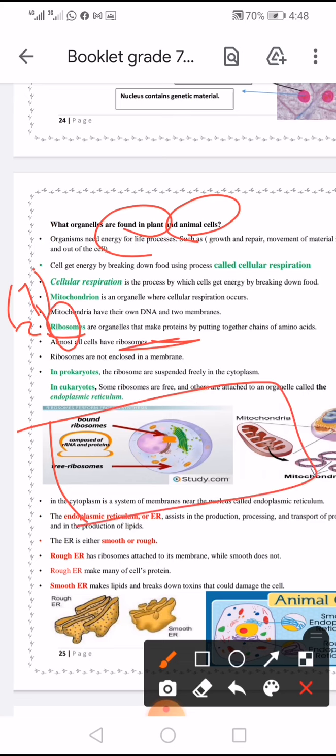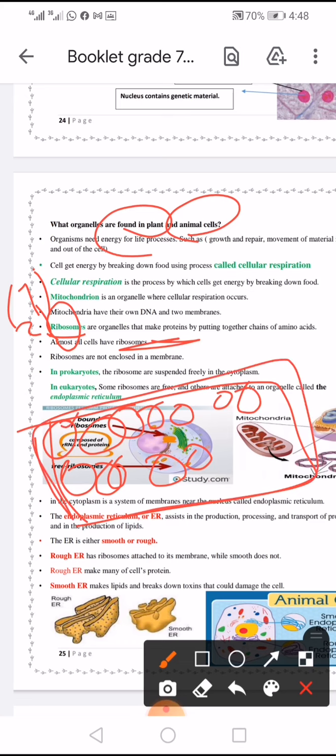Look, this is a protein made up of smaller particles called amino acids. So the job or importance of ribosome is to make this protein by collecting the amino acids and putting them together like this.